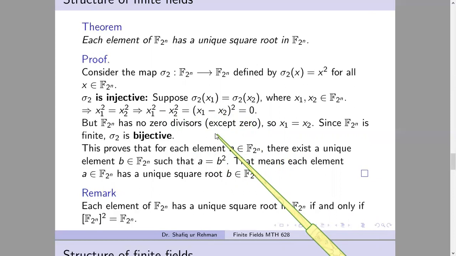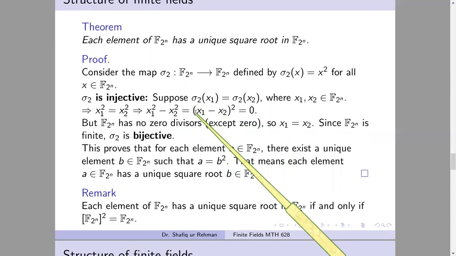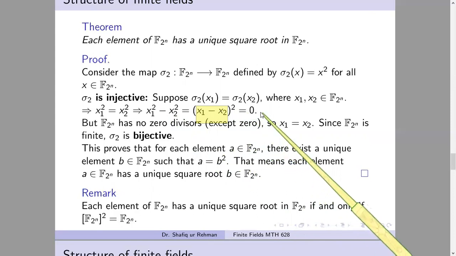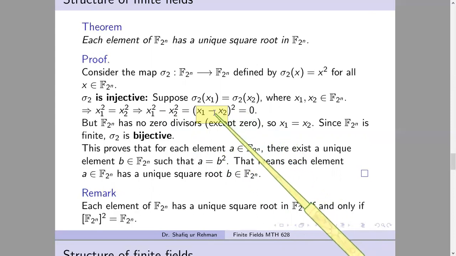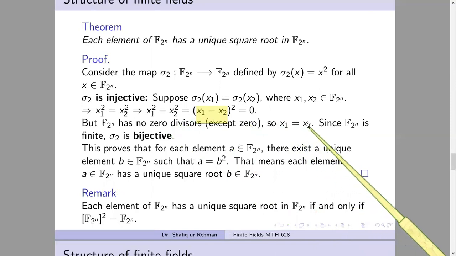It means the product of two non-zero elements cannot be 0. So this must be a zero element, because otherwise, if it is non-zero, then x1 minus x2 times x1 minus x2 would be 0, so it would become a zero divisor. A field is an integral domain, so this element becomes 0, so x1 equals x2.